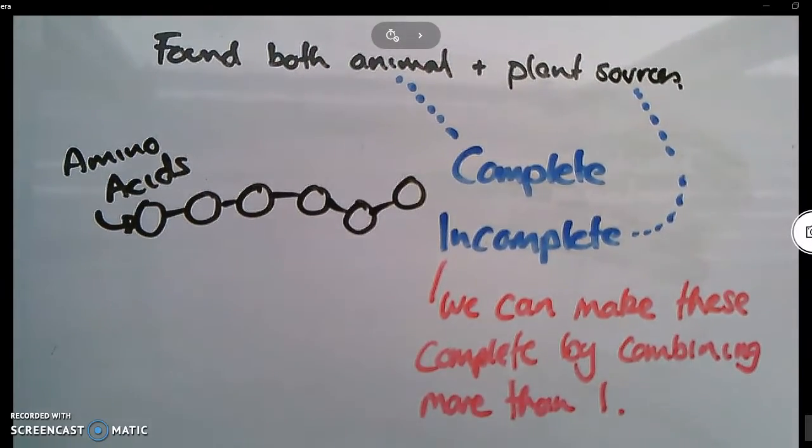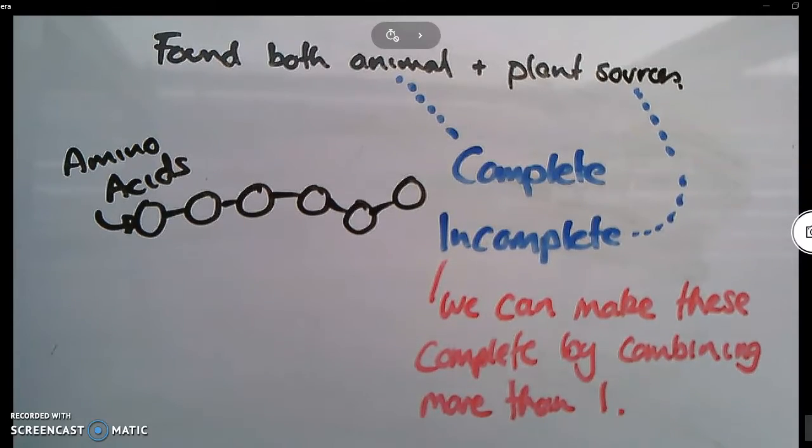An example of that might be a dish that has different types of beans in it and rice and some corn. All those plant sources of protein together will make a complete protein.